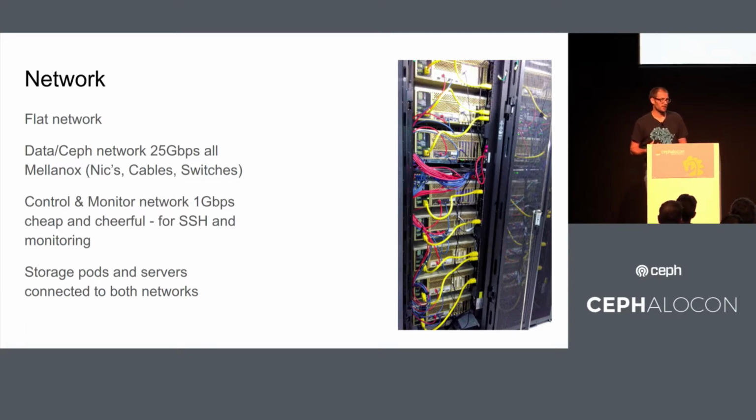We initially planned to have 2 10 gig networks, and it just worked out to be more cost effective for us to have a single 25 gigabit interface. We still have the option to do VLANing or something if we need to split those networks, but especially in the case where we have these boxes that basically provide storage and consume storage, it seemed to be a little bit simpler to do it this way.